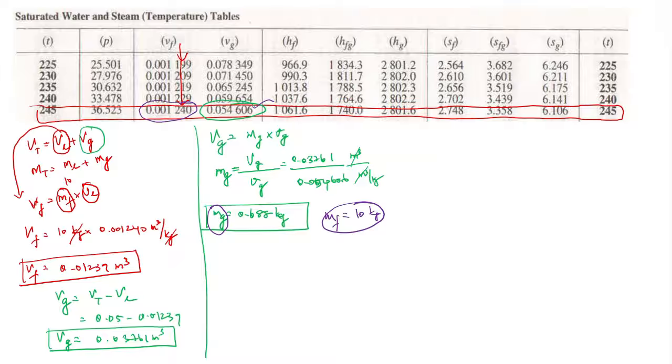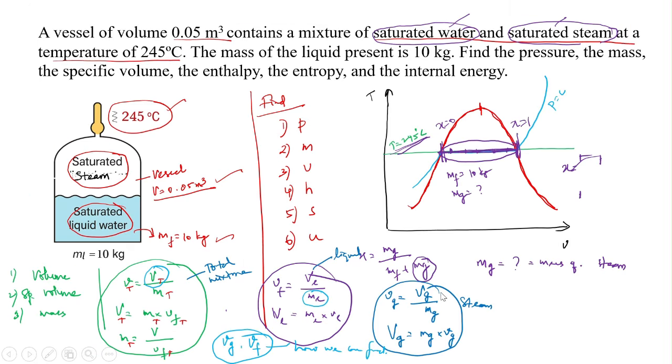We have the total volume of liquid and the total volume of steam. So all parameters: Vf, Vg, specific volume of f and specific volume of g, and mass of f and mass of g. All these six parameters you know. These six parameters are essential.